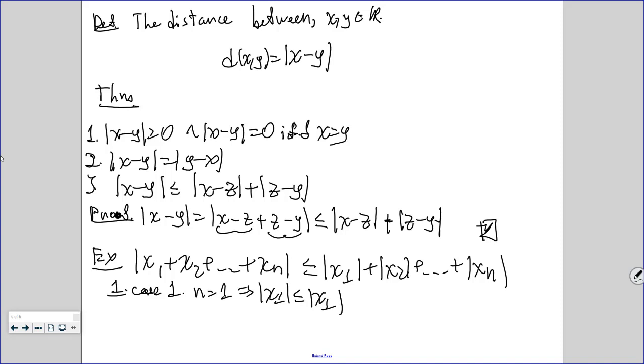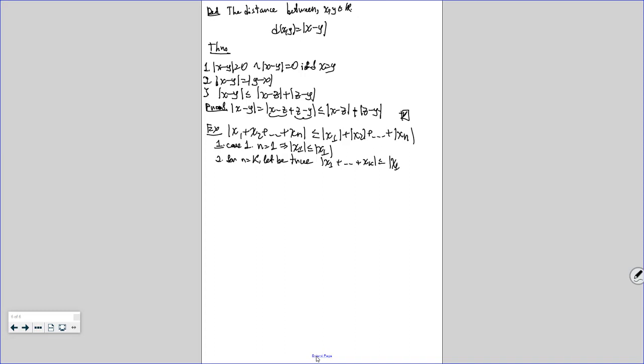It's always true. For n equal to k, let it be true. So it means the absolute value of x1 plus ... plus xk is less than or equal to the absolute value of x1 plus ... plus the absolute value of xk. Now we prove it for n equal to k plus 1.